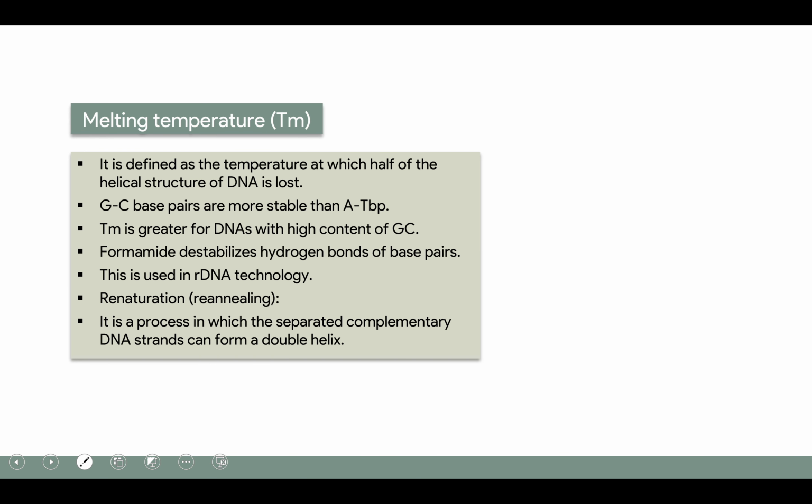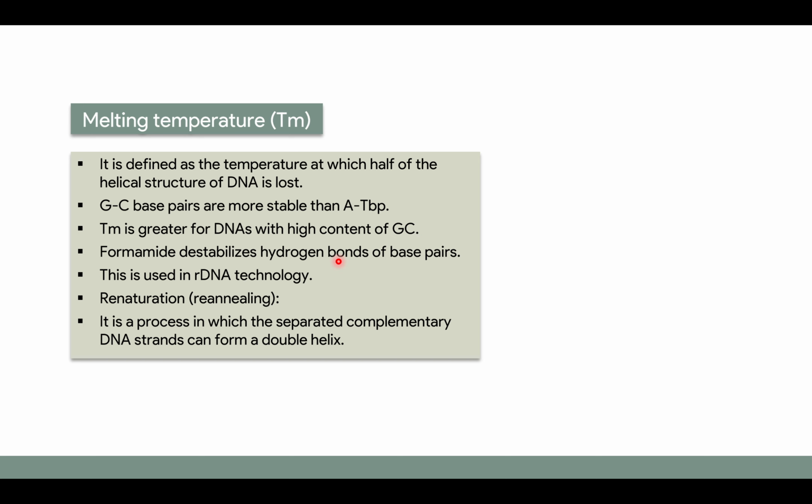Now coming to the melting temperature. It is defined as the temperature at which half of the helical structure of DNA is lost. GC base pairs are more stable than AT base pairs because there are 3 hydrogen bonds, whereas in AT there are 2 hydrogen bonds. Tm is greater for DNA with a high concentration of GC for the same reason.